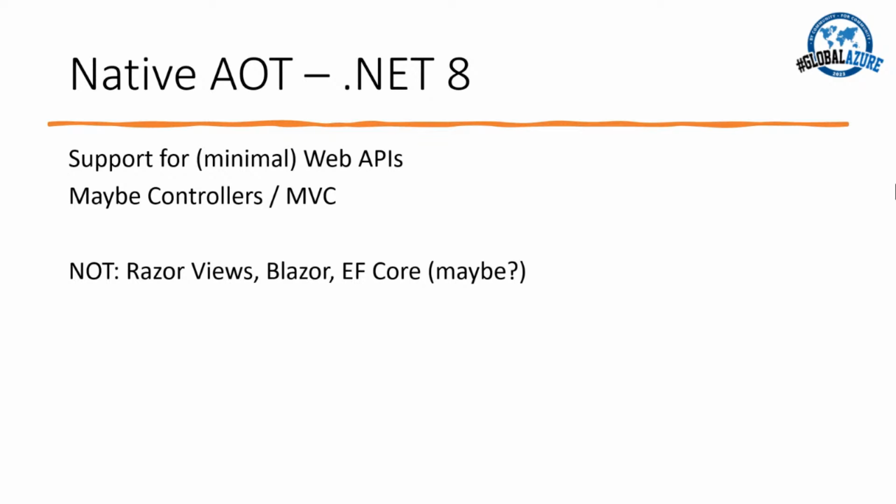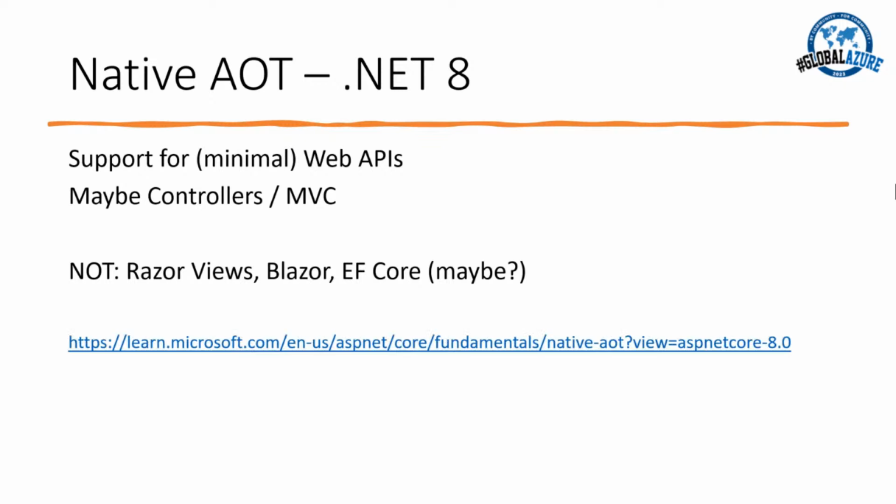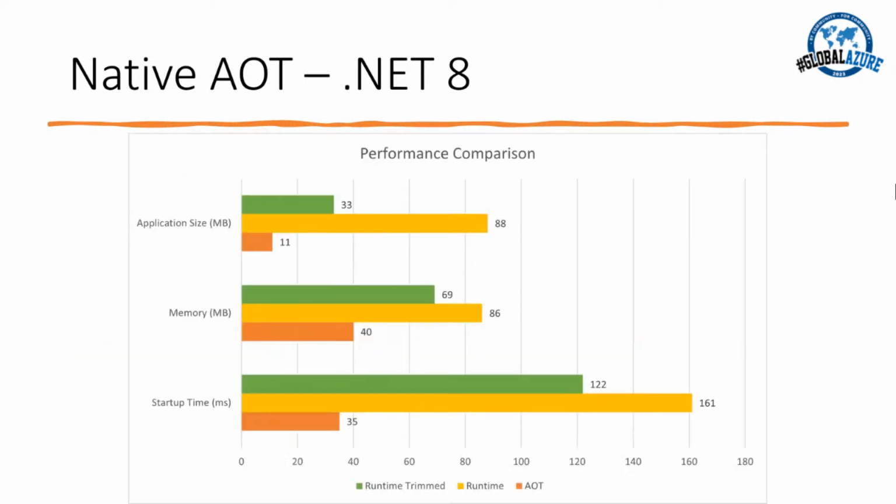I've seen someone hacking all the required things through trimming to get it working. I'm not sure if that's going to be supported or not. However, the performance is just mind-blowing. So your application size reduces a lot. I think now it's even down to 7 or 8 megabytes. The memory usage drops, and the startup time is a lot faster.